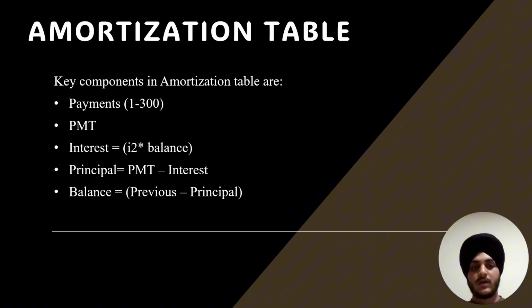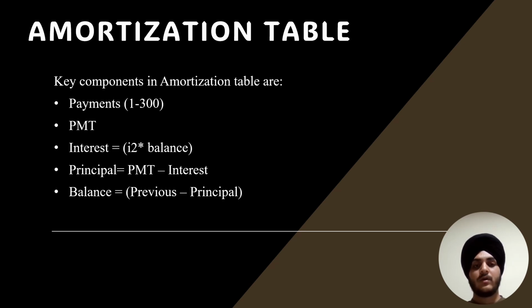we drag it down till 300, and then this would calculate the interest for all those. Then we calculate the principal by using the formula PMT minus interest, and then we calculate the balance by using the formula previous balance minus principal, and then this is dragged till the count of 300.